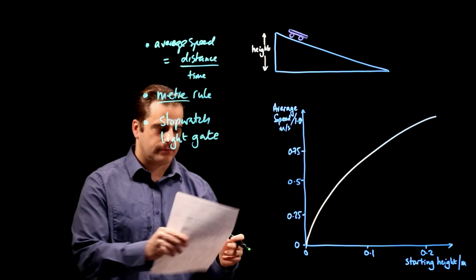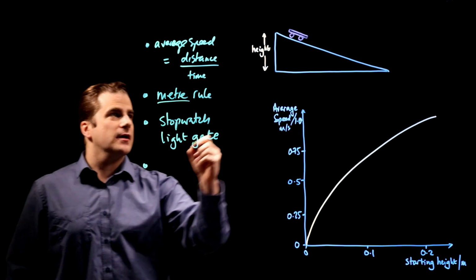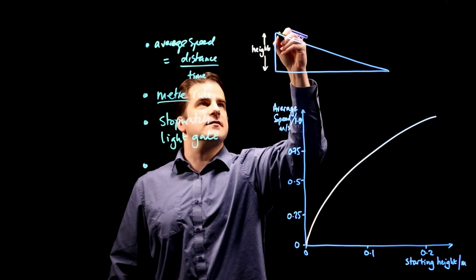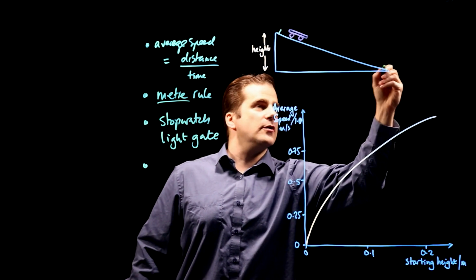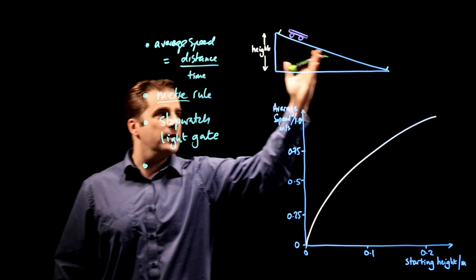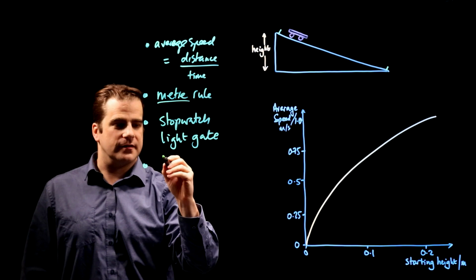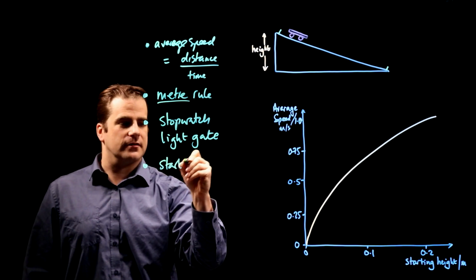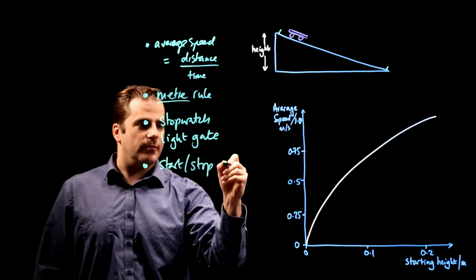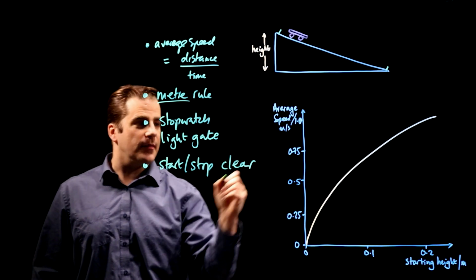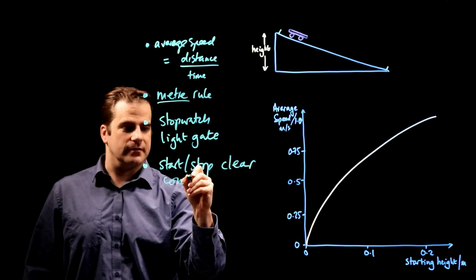Right. You have to make sure that the start and stop points, the points where you're going to start measuring from and stop measuring, are clearly marked. So start, stop points are clearly marked and consistent.